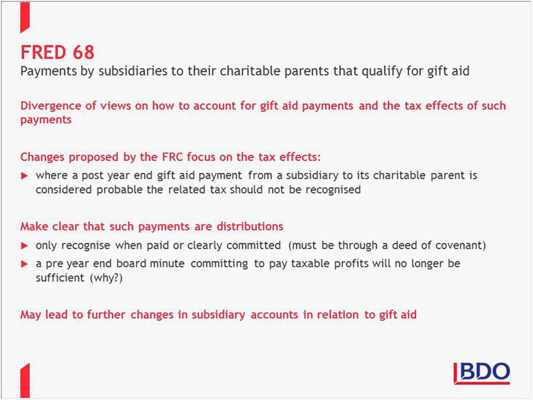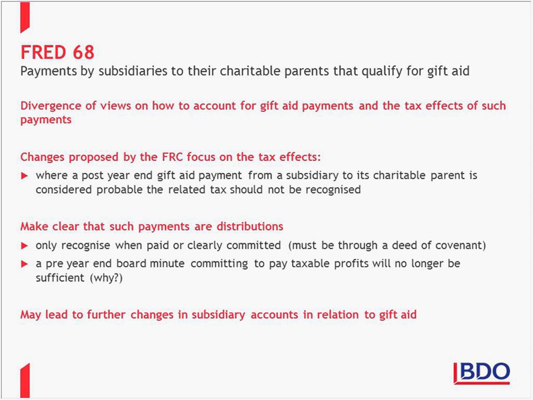So effectively what the FRC are now saying is that the only way you could include that amount in that period would be either if you paid the gift aid before the year end, or if you actually set up what's called a deed of covenant, effectively a legal agreement to transfer that gift aid across.